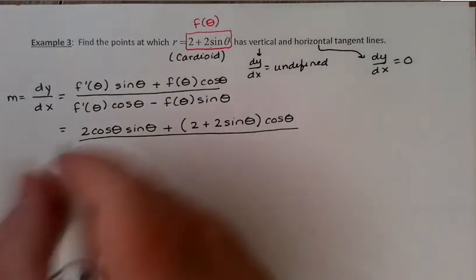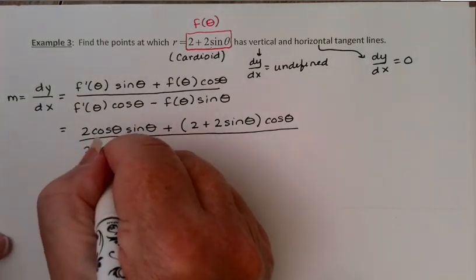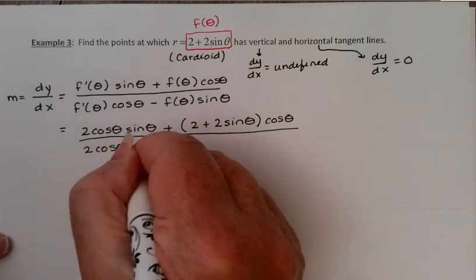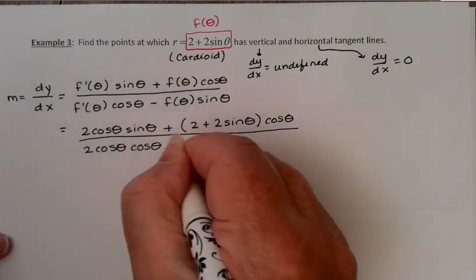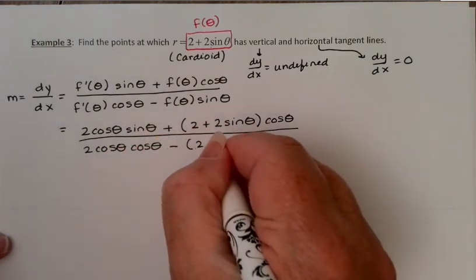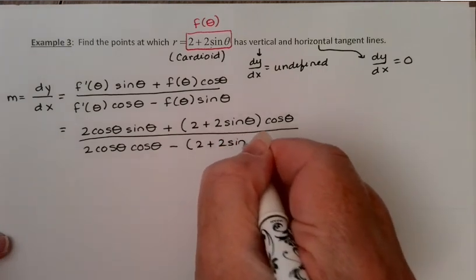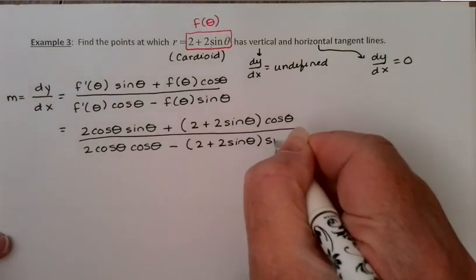Denominator, f prime, again, is 2 cosine theta times cosine theta, minus f, 2 plus 2 sine theta, times sine theta.